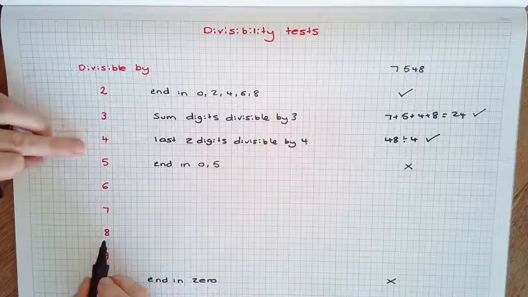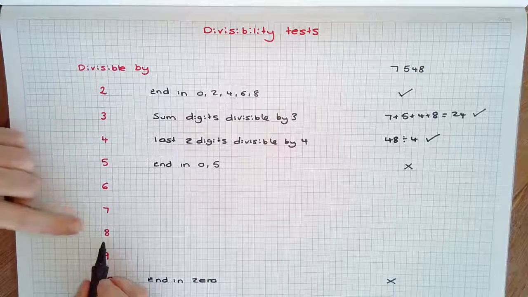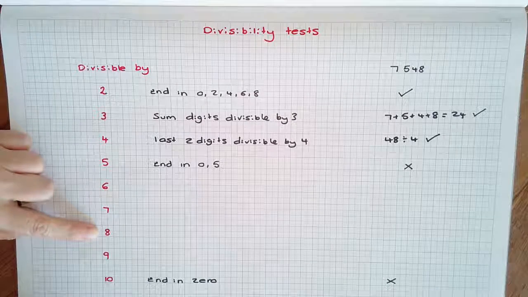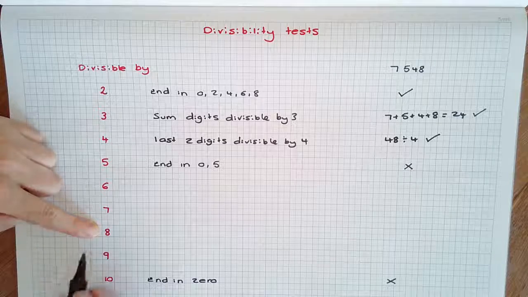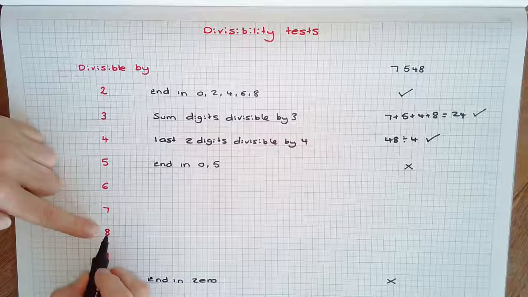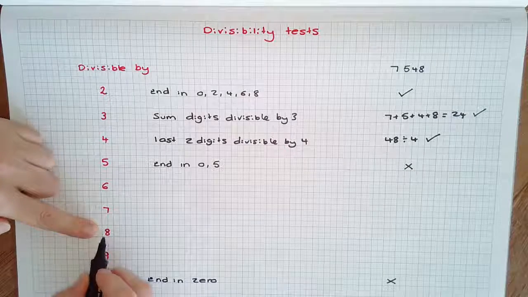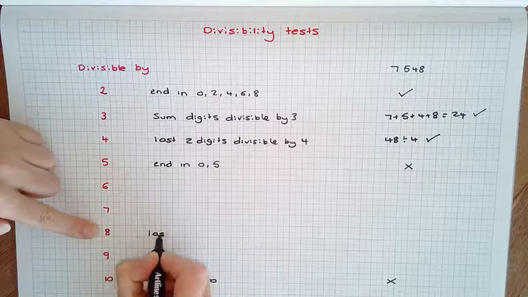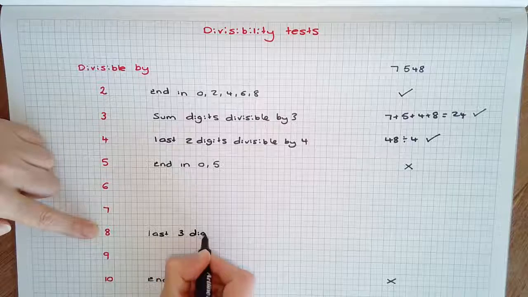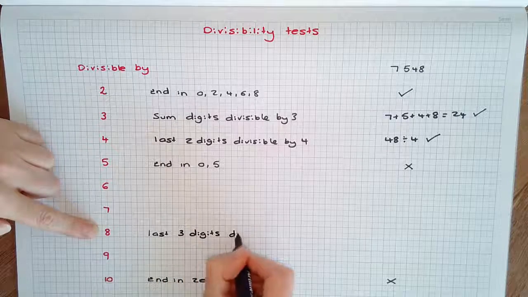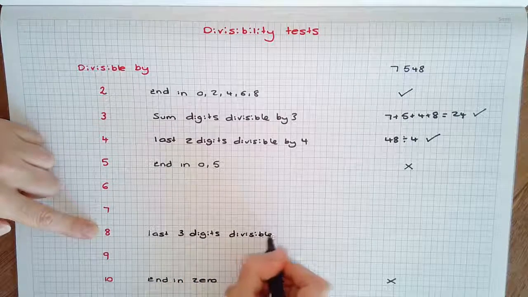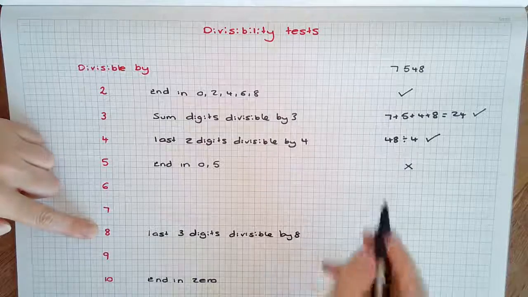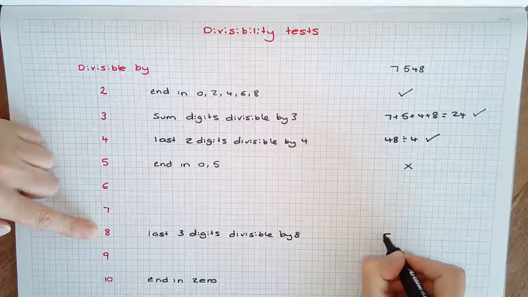Let's go on to divisibility tests for 8. I'm trying to choose the easier ones first. For 8, we can use the last three digits. This one's a little more complicated. The last three digits need to be divisible by 8. So the last three digits here are 548.